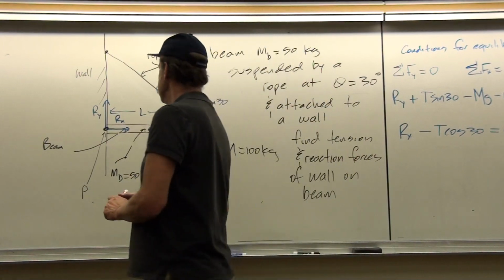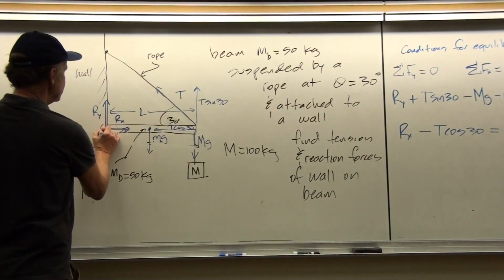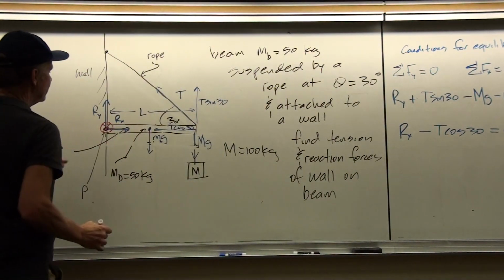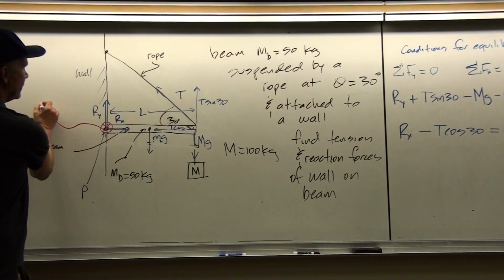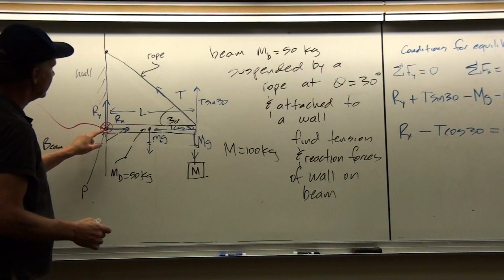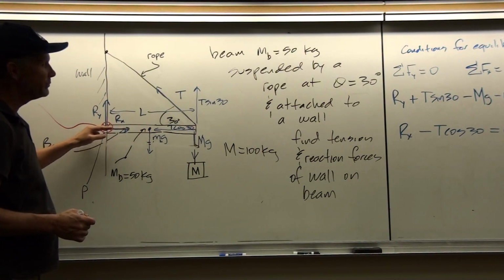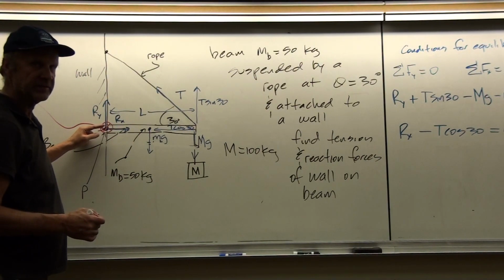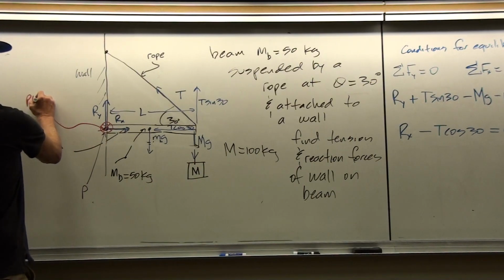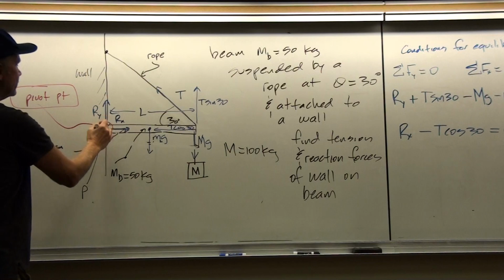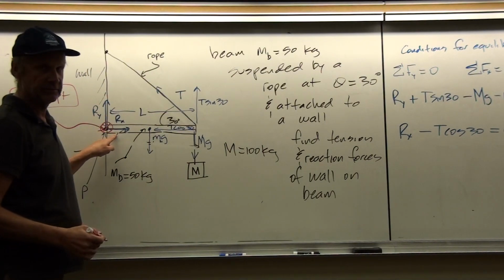And so what I'm going to do is I'm going to choose this point here as my pivot point. Notice that Ry and Rx intersect with that pivot point. And so that means there's no torque produced by Ry and Rx if I choose that pivot point. So that's the key to this, is to see that if the extension of your force vectors goes through that pivot point, then those unknown forces do not appear in your torque equation.